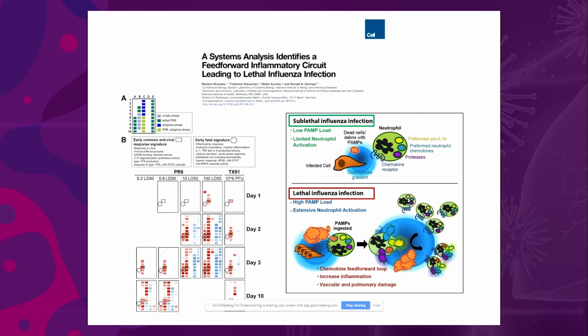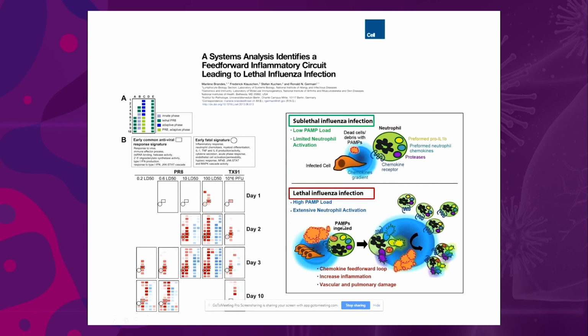But this ended up discriminating signatures that were protective against influenza infection, which included the activation of an antiviral signature involving what we call interferon-stimulated genes, or ISGs. It also involved the discrimination of molecular signatures that do damage and ultimately cause lethality, and cause ARDS in humans and acute lung injury.